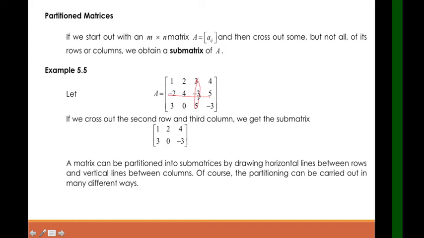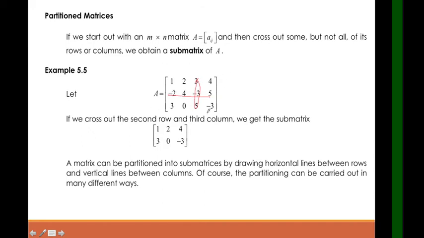In our next lesson. Of course, the partitioning can be carried out in many different ways. So you can partition this matrix. Let's say I ask you to make a 2 by 3 matrix from this mother matrix.